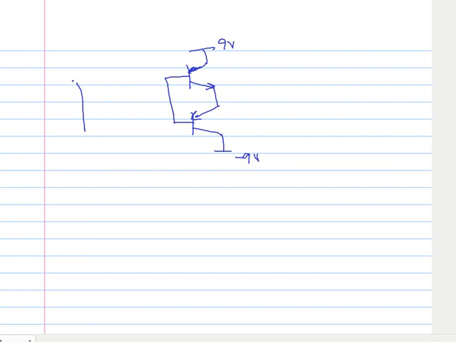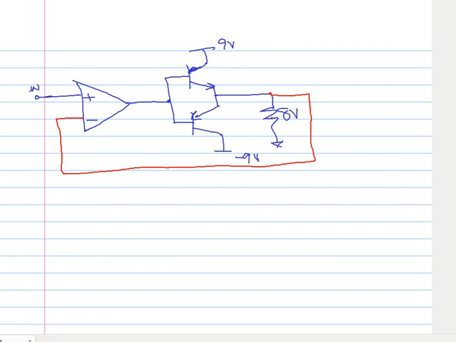We'll still have our operational amplifier, configured in a unity gain mode, only this time we're going to take our feedback from the output of the amplifier and tie it back to the inverting terminal of the operational amplifier, like so.